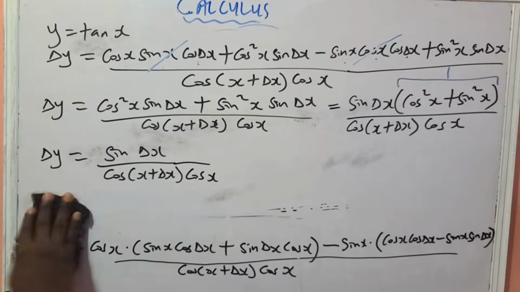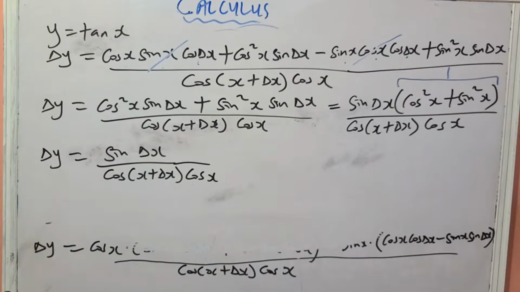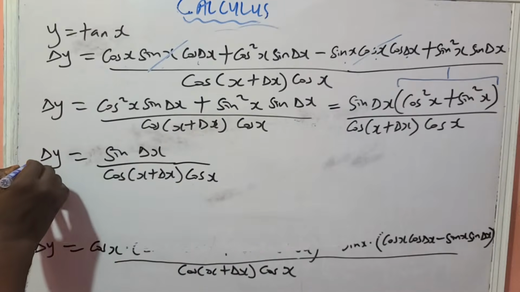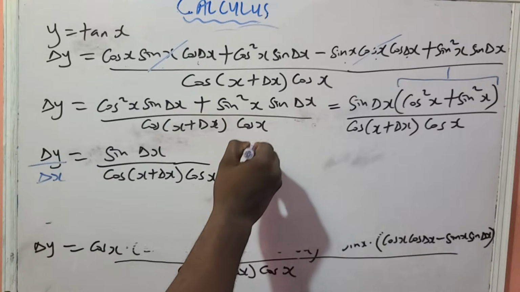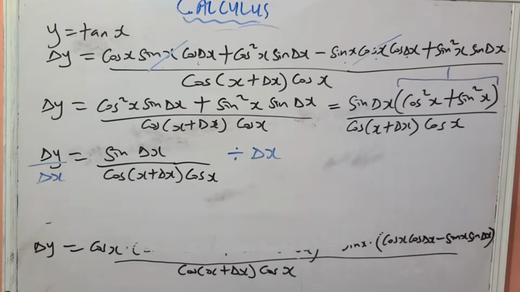I believe you all know what's going on here. So I'm going to divide through this way. I'm just going to write divided by change in x here. I'm going to write the sine here, change in x. All right. I'm sure you're seeing what's going on there.